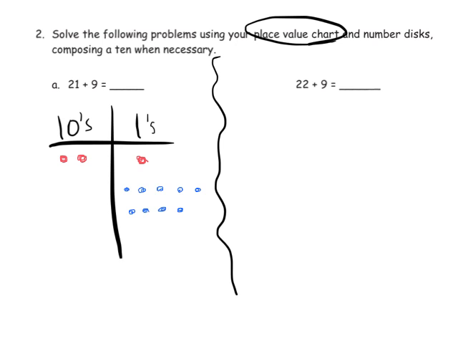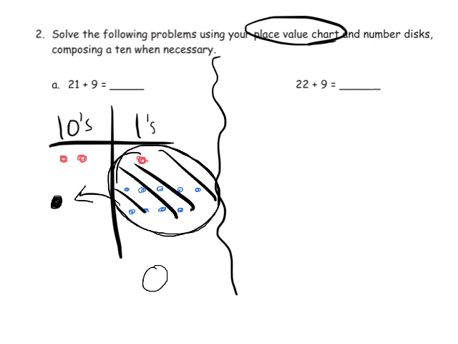But let's simplify, because I can see that we have 10 right here in the ones column. And these 10 can be cashed in for 1 ten. 10 ones equals 1 ten. And what do we end up with? Well, we end up with nothing in the ones column because everything got cashed in, and we have 3 in the tens column. So the answer is 30.